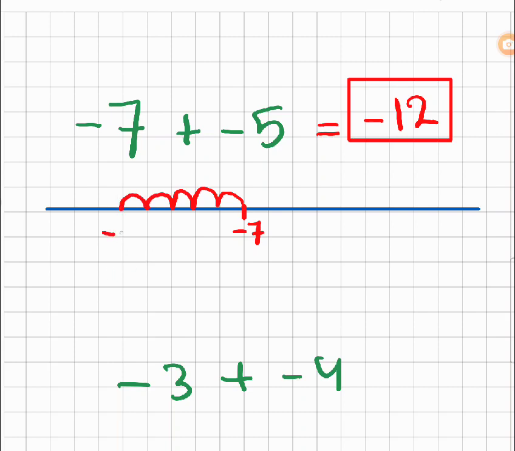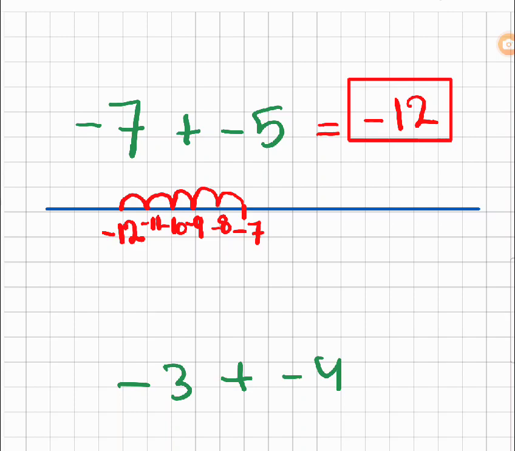So let's travel 5 units to the left. This is negative 6, negative 5, negative 4. Actually, I take that back. To the left, the negative numbers should be getting bigger. This is negative 8, negative 9, negative 10, negative 11, negative 12. So that's our answer.